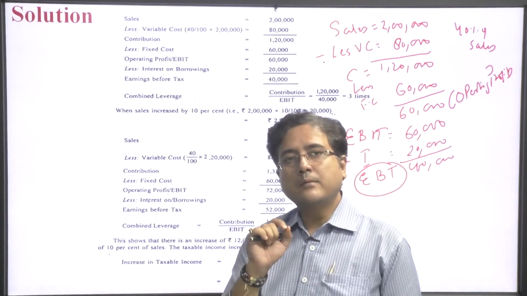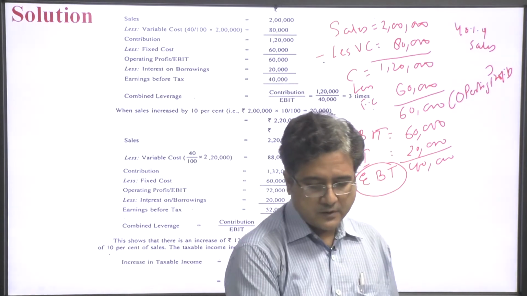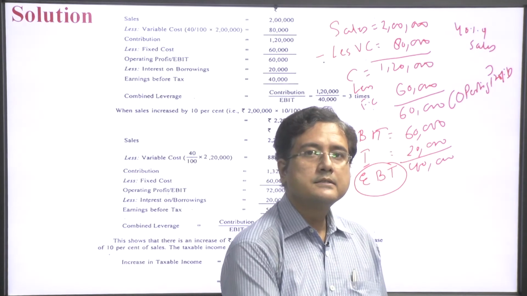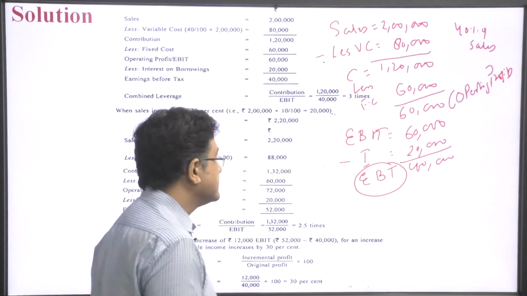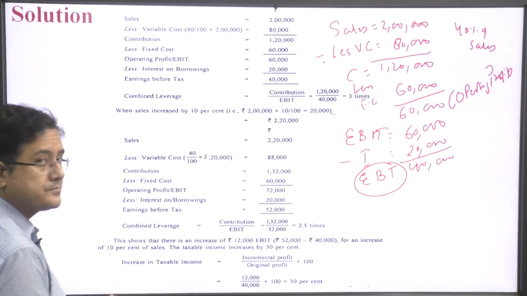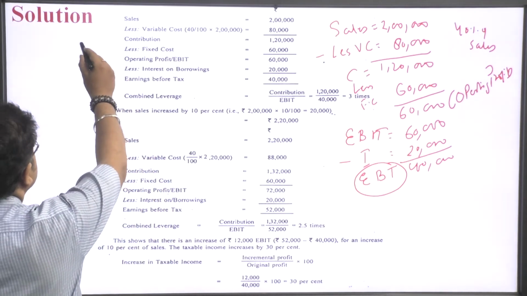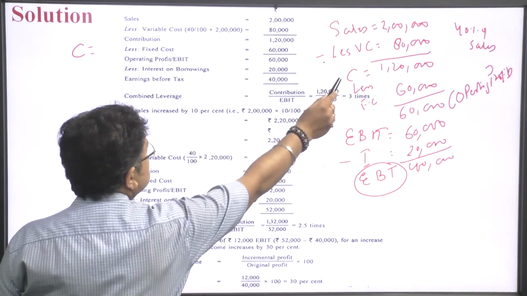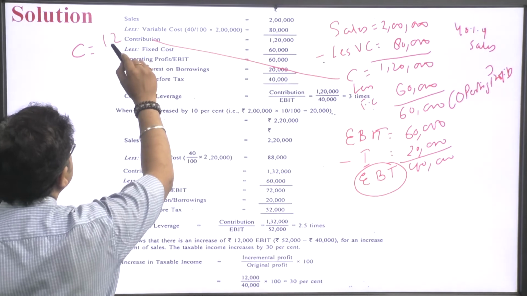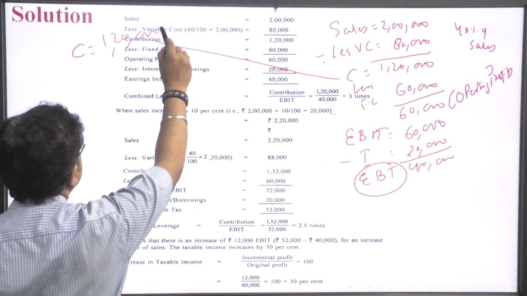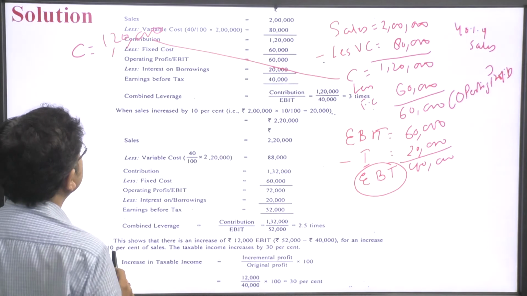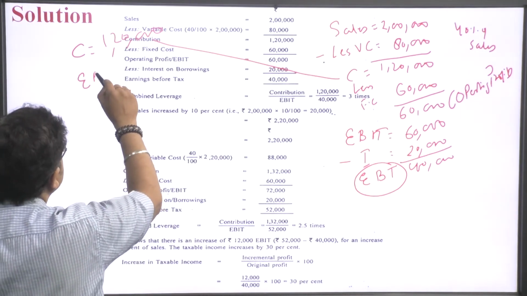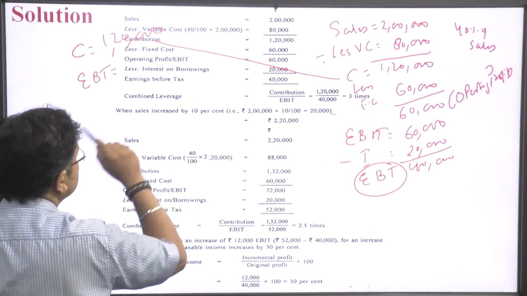So, in combined leverage we know the formula: C divided by EBT. Here C equals 1,20,000 and EBT is 40,000.